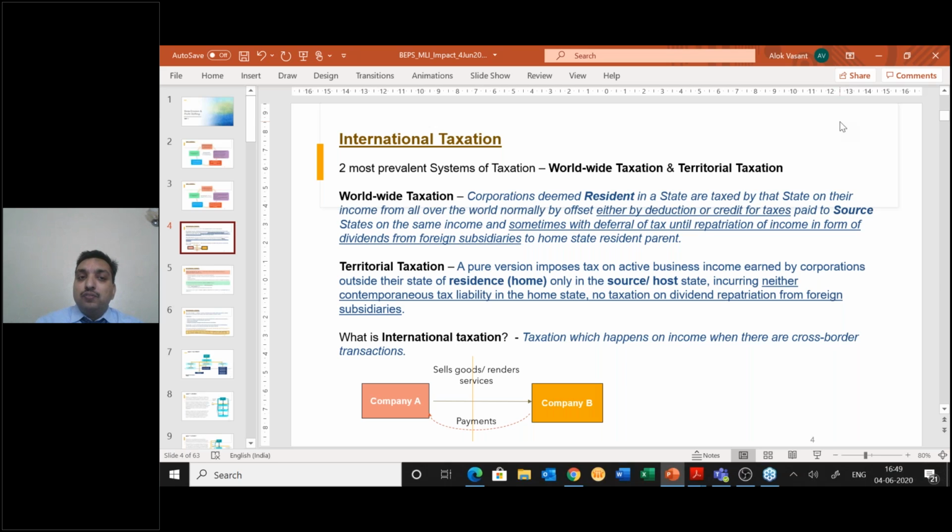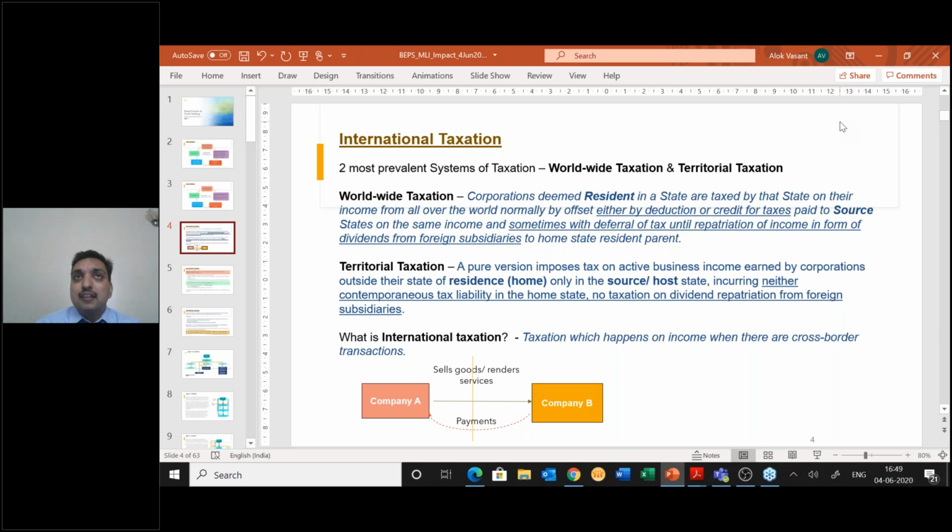Now, out of these two prevalent systems of taxation, worldwide taxation is the most common. India uses worldwide taxation. There are certain countries who use territorial taxation in a limited form, for example, Singapore.